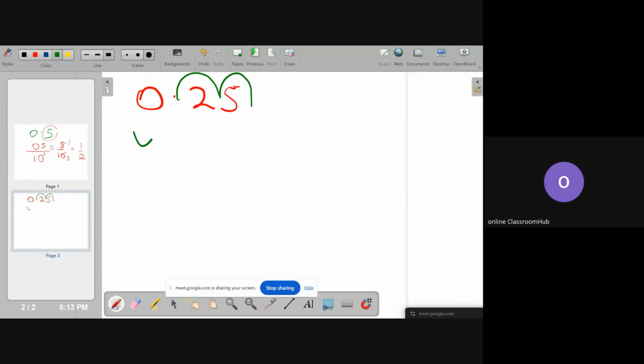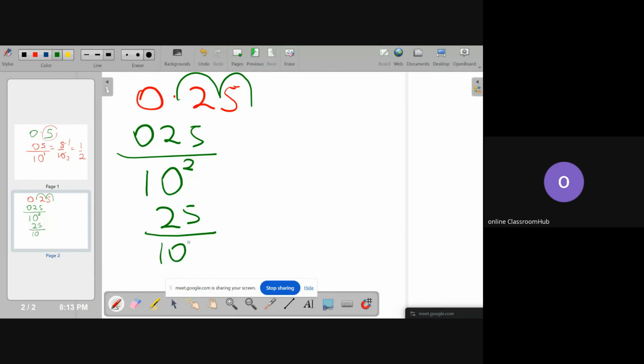So we're going to have 25 all over 10 power. How many decimal places? 1, 2. That is power 2. So 0.25 is the same as 25 all over 10 power 2. That will be 100. Now you simplify. 25 here 1, 25 here 4, and our final answer will be 1/4.